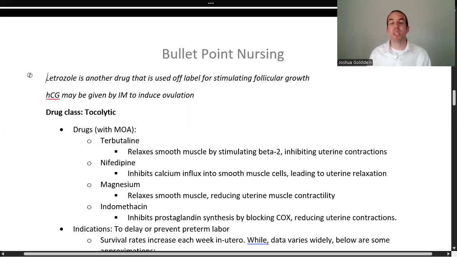We want the baby to be able to get to the highest level NICU, which to the best of my knowledge is a level 4 NICU. That's able to take care of everything all the way down to about 24 weeks. So sometimes we're going to give this just to stall for a few hours because mom showed up at a hospital that doesn't have that really high level NICU, and we want to get them to the higher level NICU.